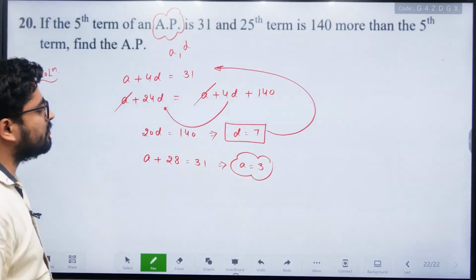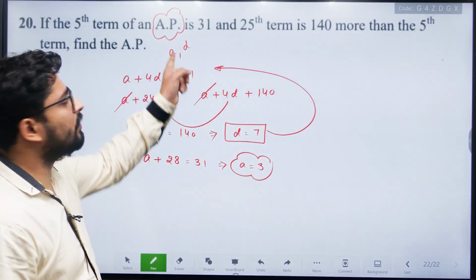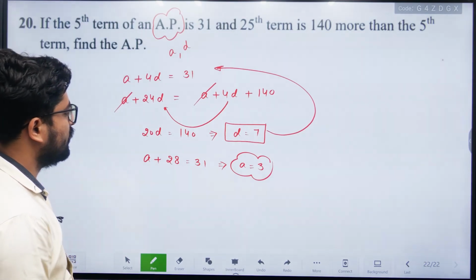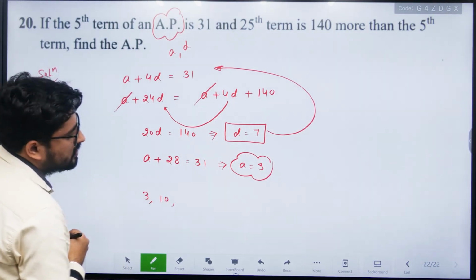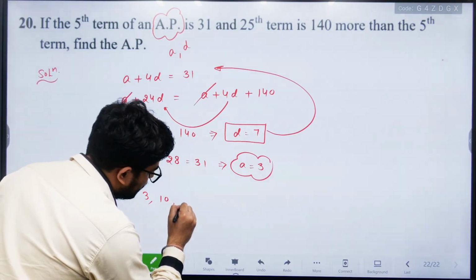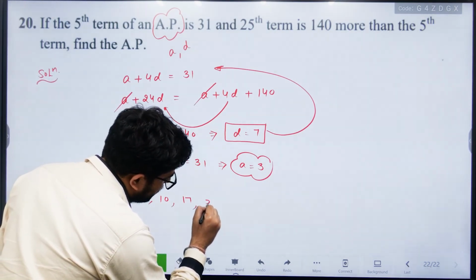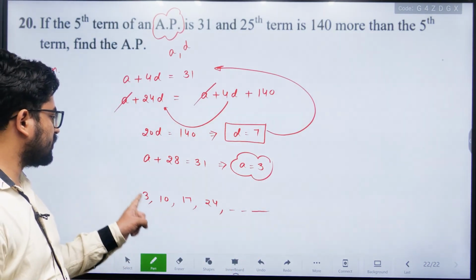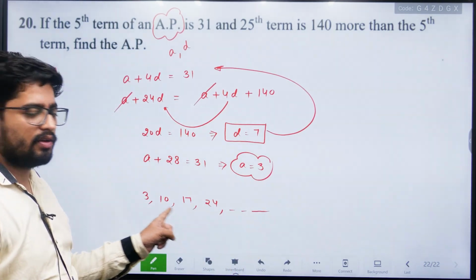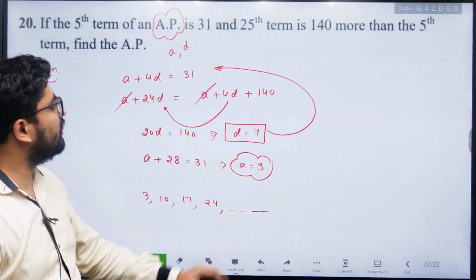Now you have the first term and common difference, and you have to find the given AP. The AP is 3, then 3 plus 7, that is 10, next is 17, next is 24, and so on. The common difference is 7 and the first term is 3. So this is your given AP.